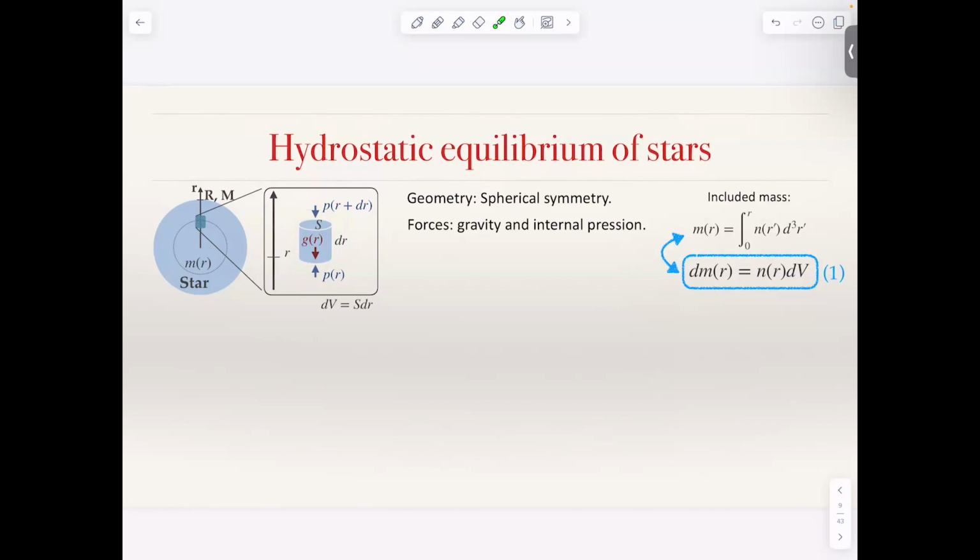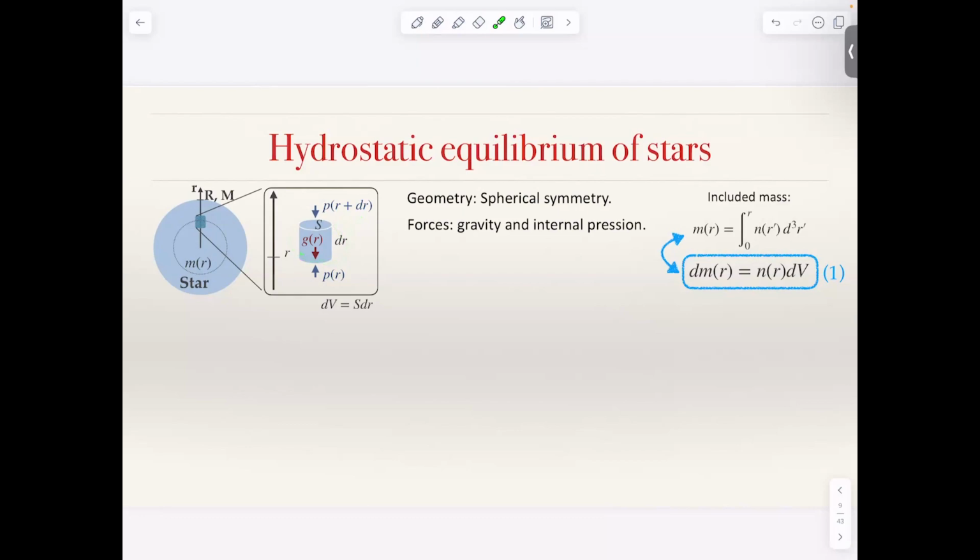And this unit volume is surrounded by pressure. Okay, you remember the force is the pressure times the surface. So it is compressed by some force which is distributed all around. Since it is a spherical symmetry, you have a compensation two by two of the forces.